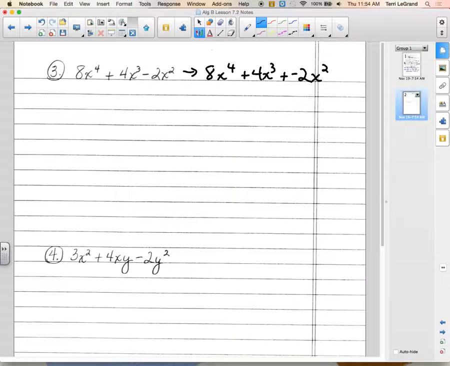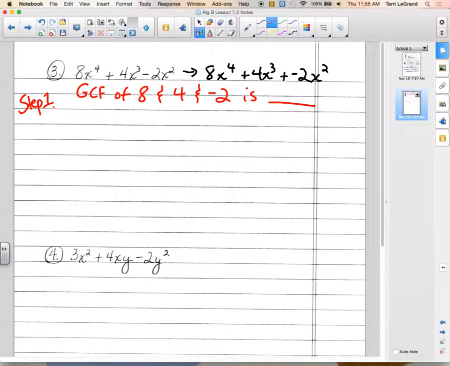Remember in step 1 we're finding the GCF. So we're going to say GCF of 8 and 4 and negative 2, the number parts. Okay, what's the largest number that divides out of all three of those? Right? 2.